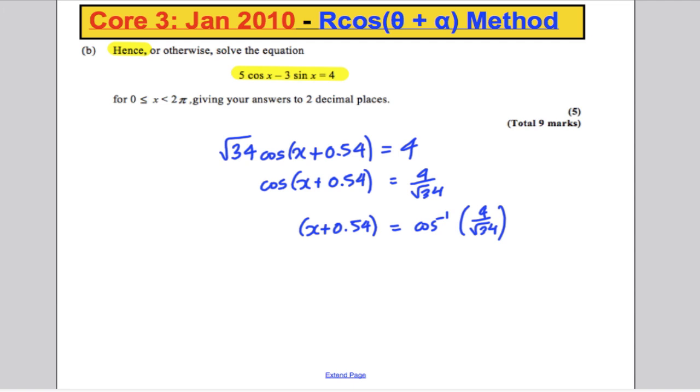Tap that in your calculator, in radians mode, and you should get 0.81. So x plus 0.54 is equal to 0.8148 radians. At this stage you found x plus 0.54 and it's 0.81.